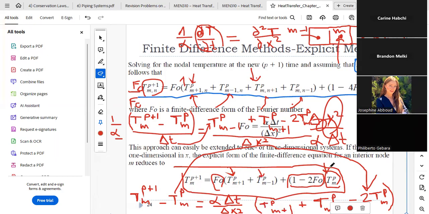This is why we say it's explicit, and we can explicitly find Tp plus 1. So Tp plus 1 is expressed as a function of temperature at the previous step. We don't have any term here at P plus 1. In the implicit method, we can use temperatures at time P plus 1, but the solution will be much more complex.